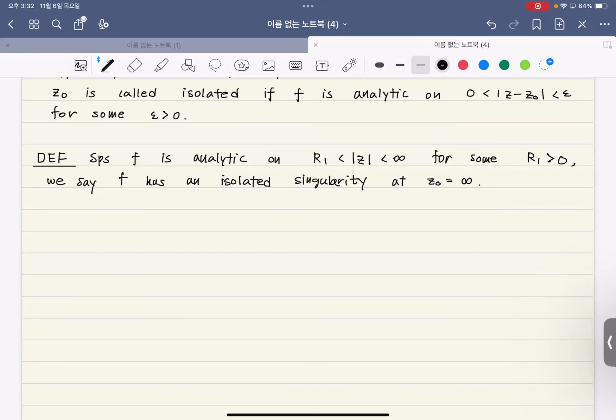So why am I introducing the point of infinity? I hope you remember there was a notion of the extended complex plane. So what is the extended complex plane? The complex plane is topologically the same as the open disk, right?